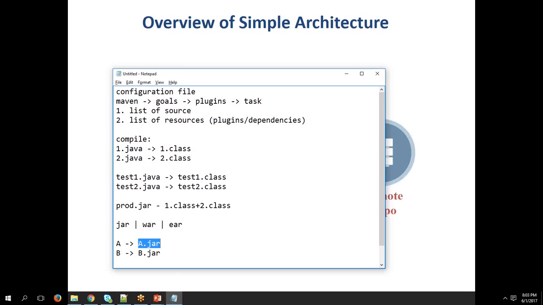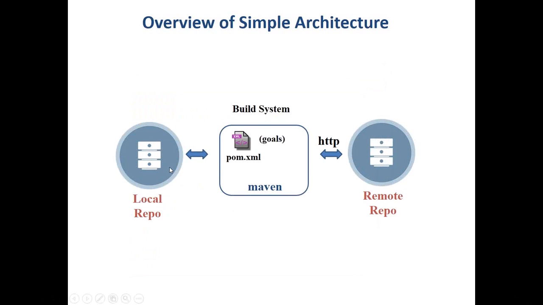So what you have to do now is, wherever this a.jar is available, you have to copy this file into the local repository, so that when you run project B, it searches for that a.jar in the local repository and it will be available.